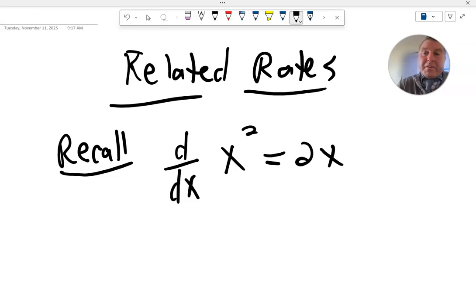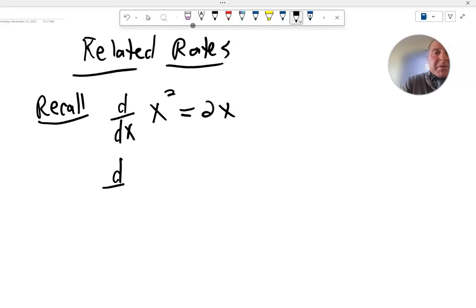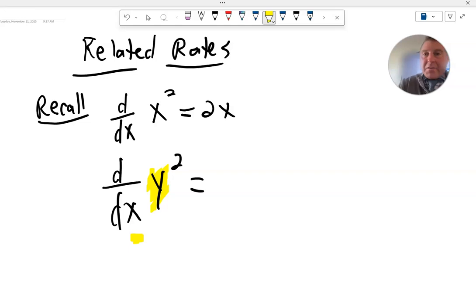Now, what that means is the 2x describes the instantaneous rate of change at any value x of x squared. What if, however, we looked at pieces of implicit differentiation? What if we differentiated y squared with respect to x?